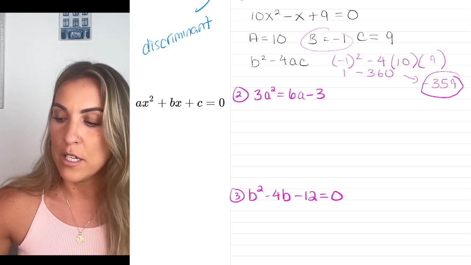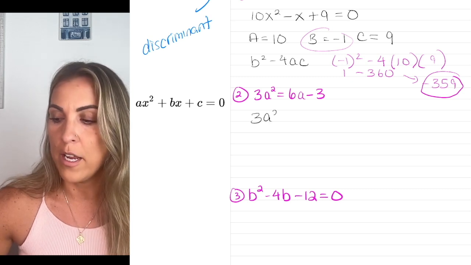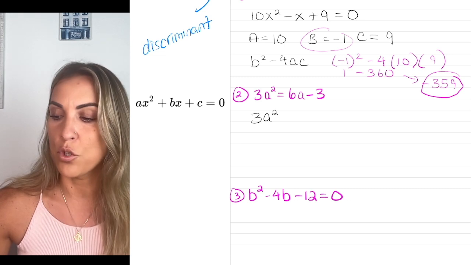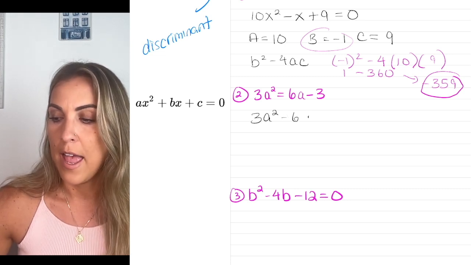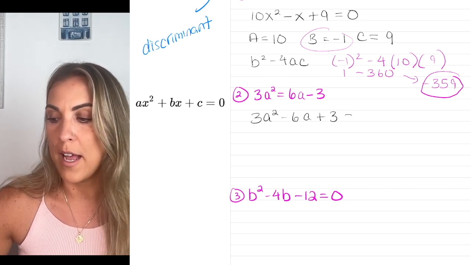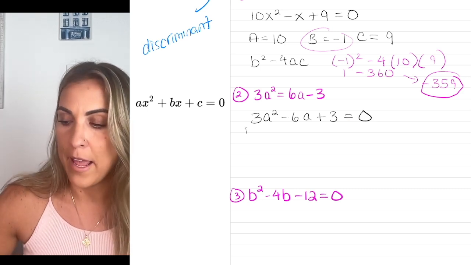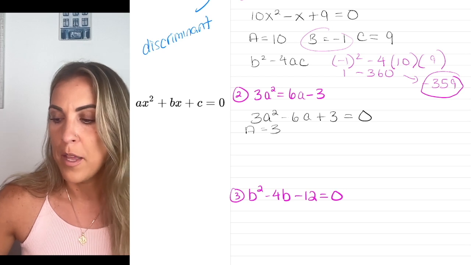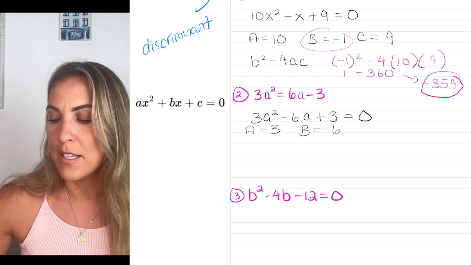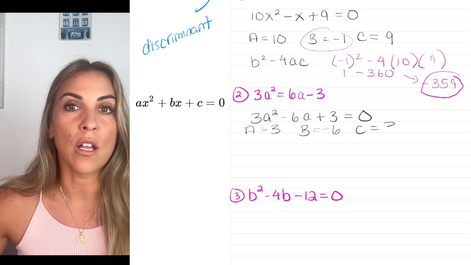So to get it equal to 0, I'm going to move those terms that are on the right over to the left. So I'm going to subtract 6a from both sides, and I'm going to add 3 to both sides, and then I can set it equal to 0. All right. Now I can identify my A value is 3, my B value is -6, and my C value is 3.